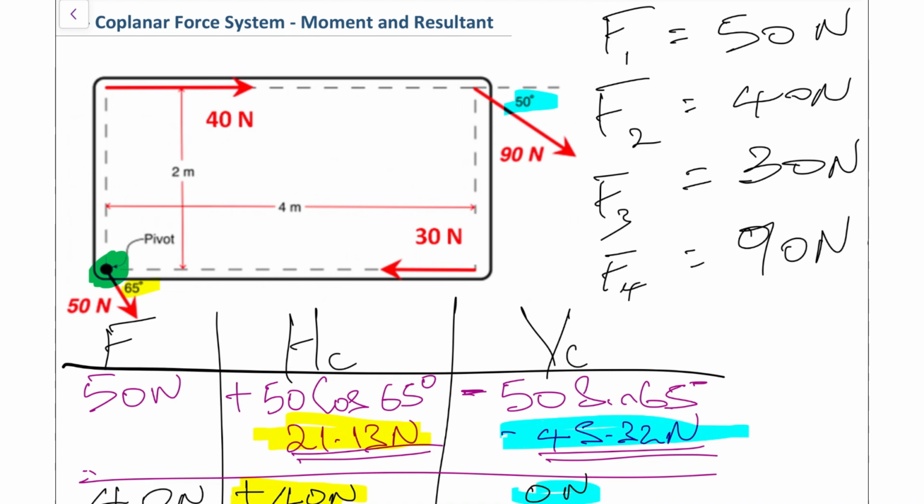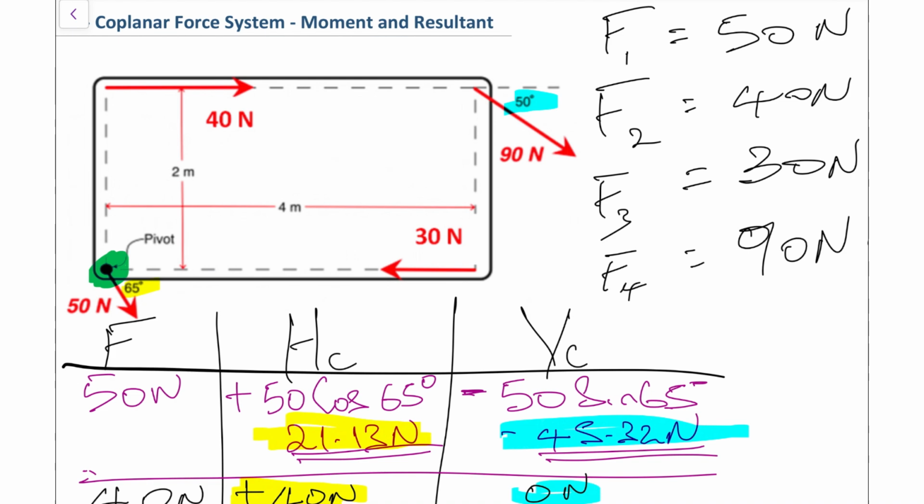So for the first force, this 50 newtons, it's acting right there at the pivot point, right on that highlighted green spot. So what that means, it does not have a distance from that exact same point. So its moment would be 0.